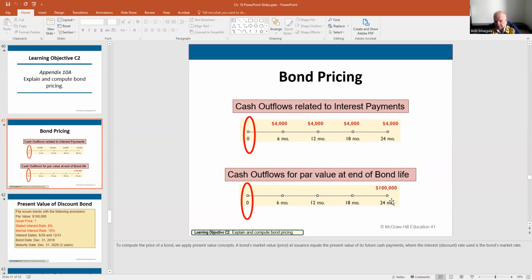Okay, so this is a very simple bond that was sold at par, I suppose. Here we borrowed $100,000, no cash out until we pay it back at the end of 4 periods or 2 years. And here's the cash outflow each 6 months, okay? Not too hard.